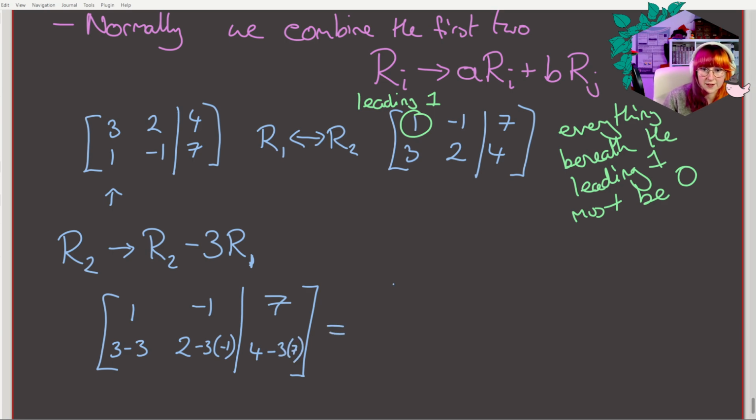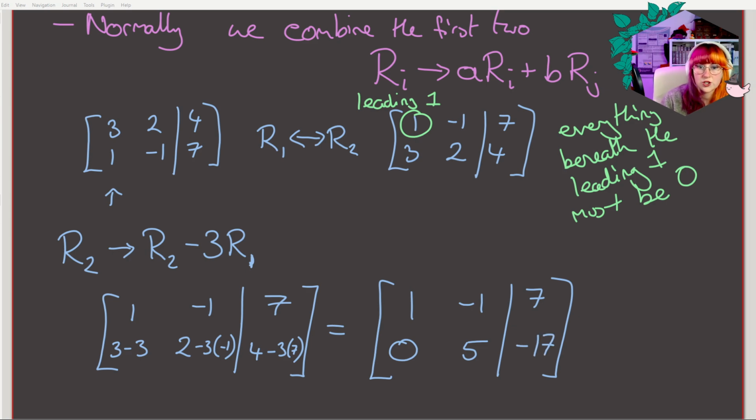And that is equivalent to 1, minus 1, 7. 3 minus 3 is 0. Now that column is all sorted. 2 minus minus 3 is 5. 4 minus 21 is minus 17. Checking back in with how we're getting on with our row echelon form, this column is now done. Okay?